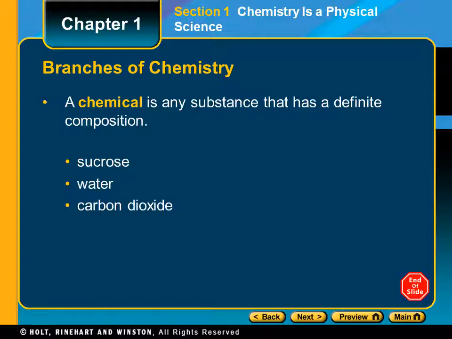So we come in contact with chemicals more often than we probably think, and a common misconception at the high school level is to think that chemicals are the white powders or the liquids that come in the jars with labels that we use in the lab. But those just represent specific chemicals. Most of what we come in contact with on a daily basis is a chemical.